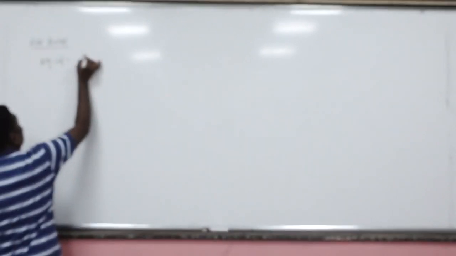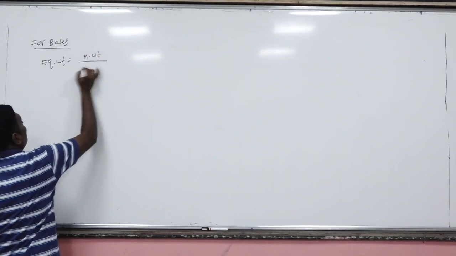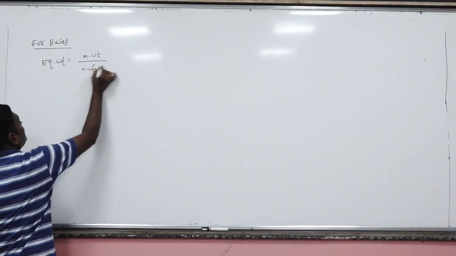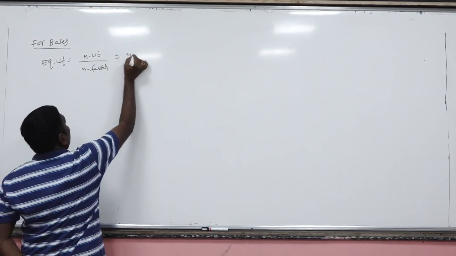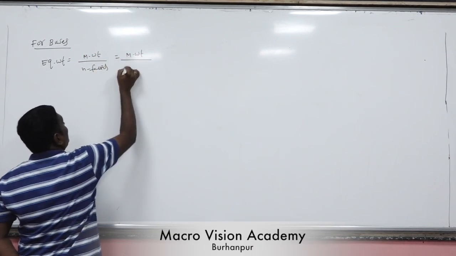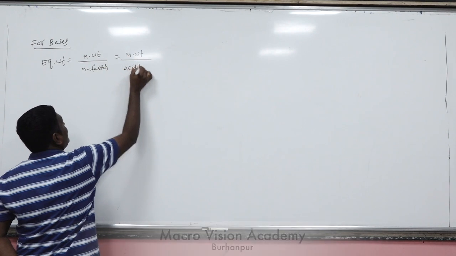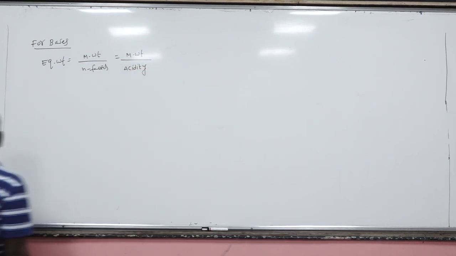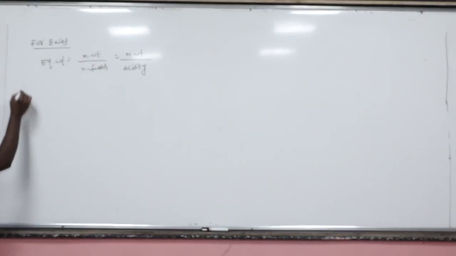For bases, the equivalent weight is molecular weight divided by n factor. This n factor is referred to as acidity. What is the meaning of acidity?